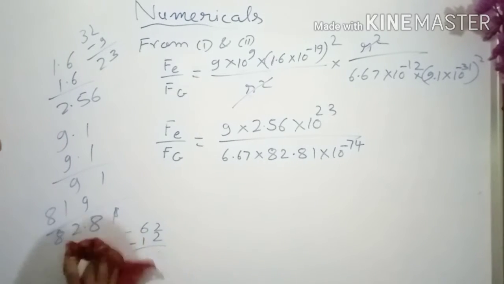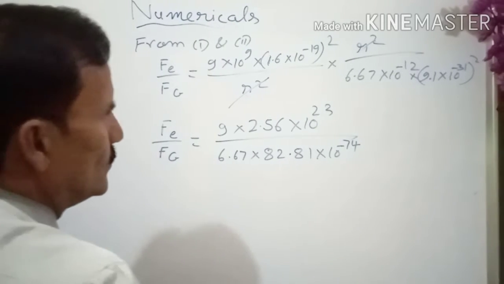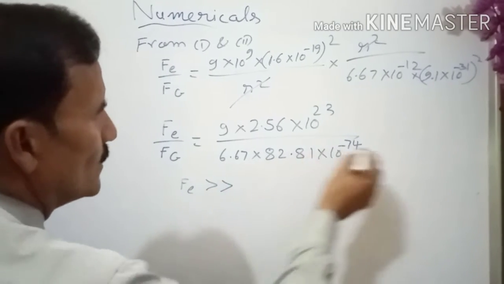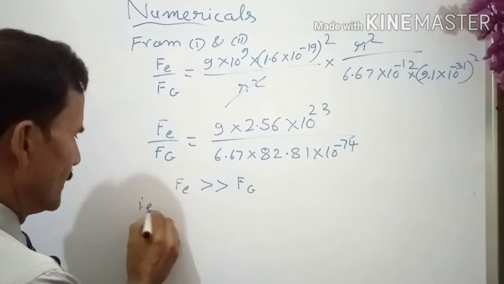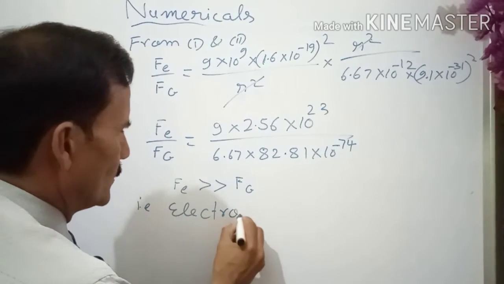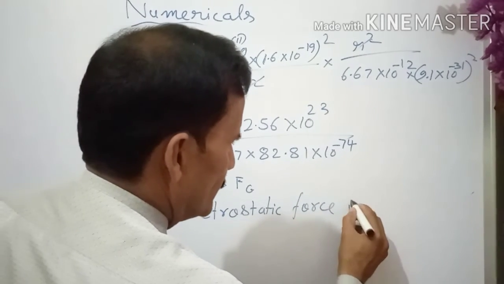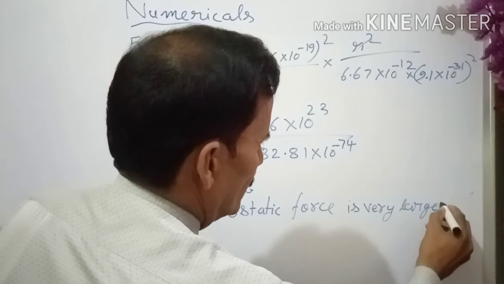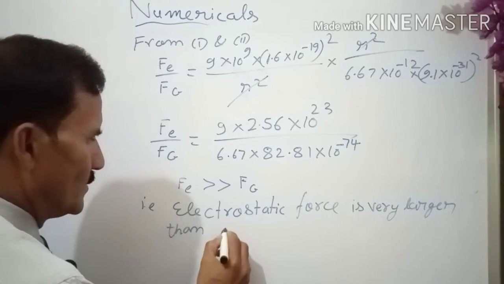Now you will always find that Fe is very large. So electrostatic force between electrons is very much larger than gravitational force.